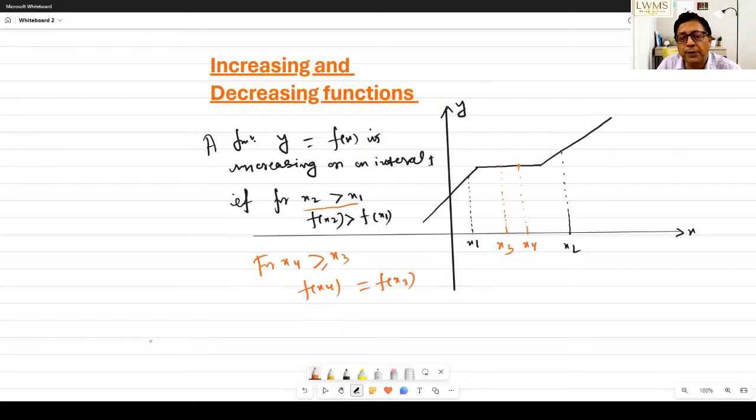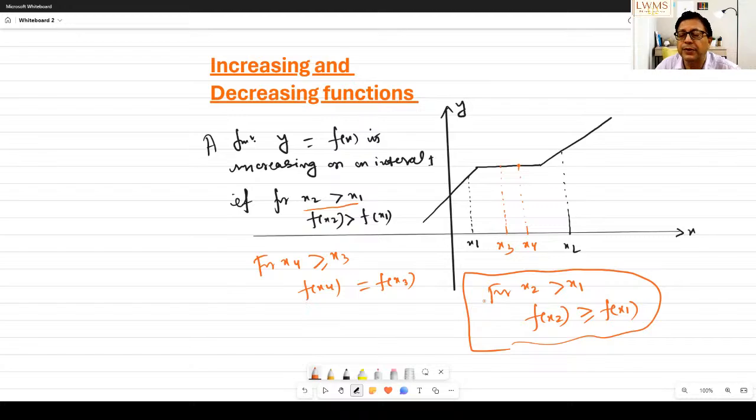So in the definition of an increasing function, this concept also has to be introduced, where for x2 greater than x1, f(x2) may be greater than or equal to f(x1). Okay, this is for an increasing function.